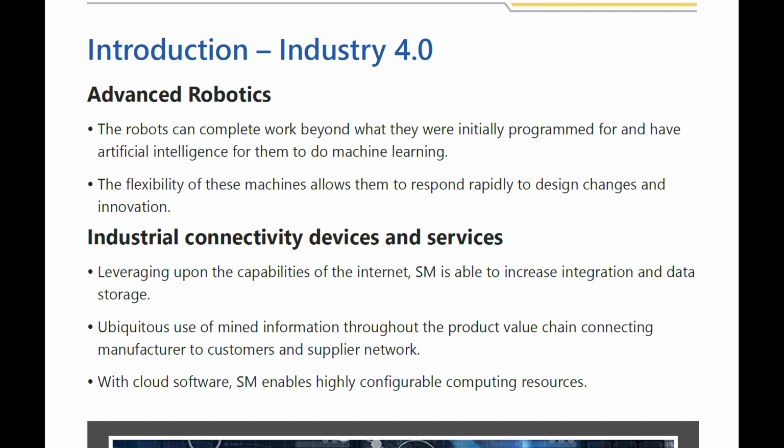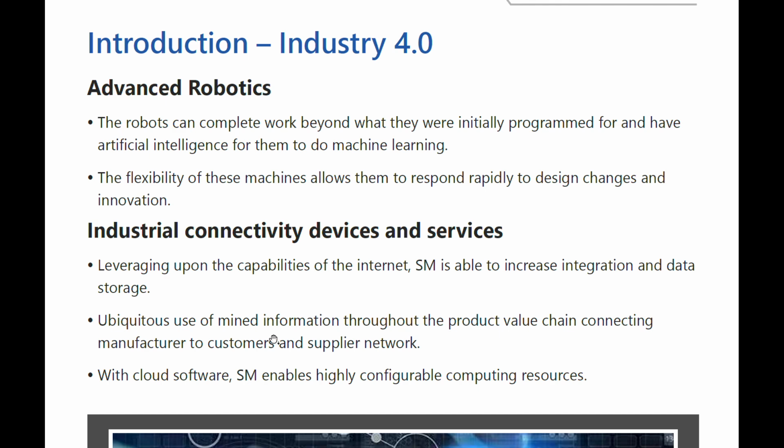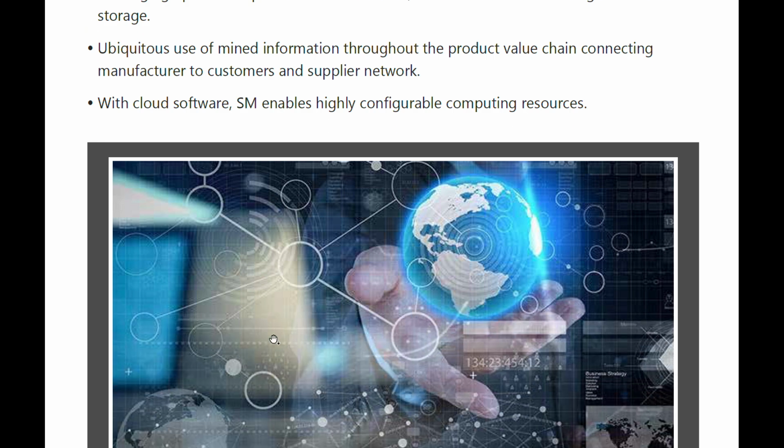Because of better broadband and increased integration of data and storage, we are able to actually receive and connect devices. So the use of data throughout the product chain, connecting the manufacturer to the customers and suppliers, becomes much faster with cloud software and smarter, higher configuration of computer resources.